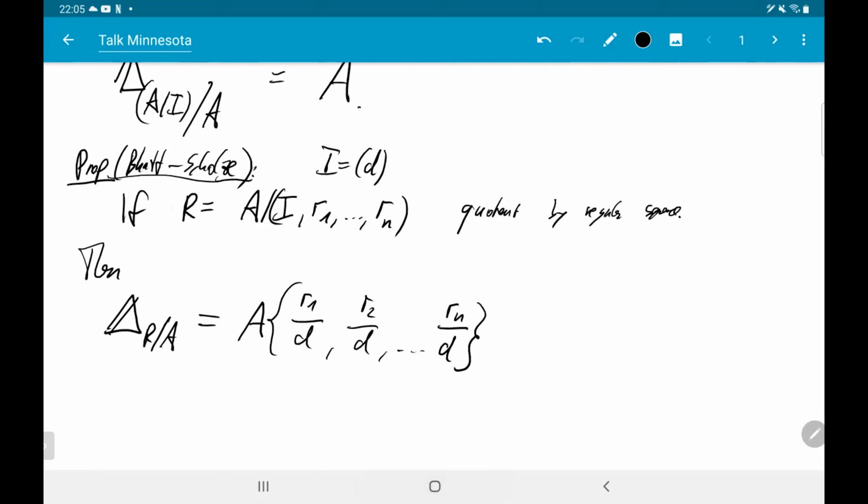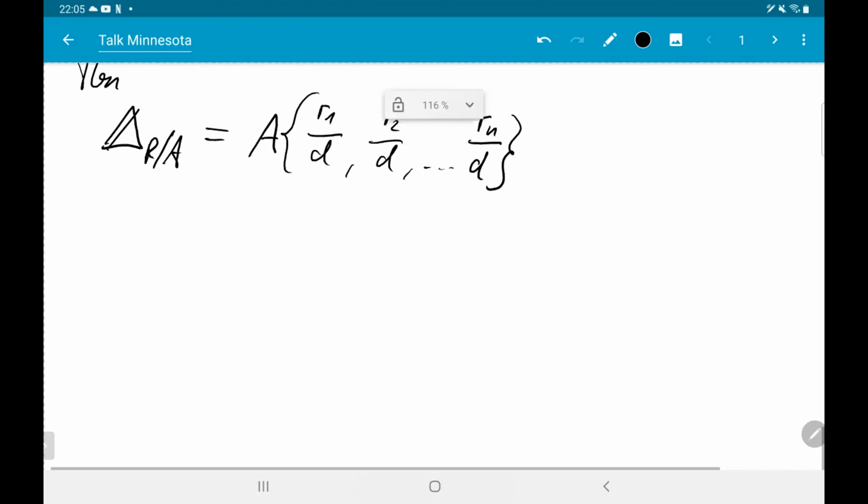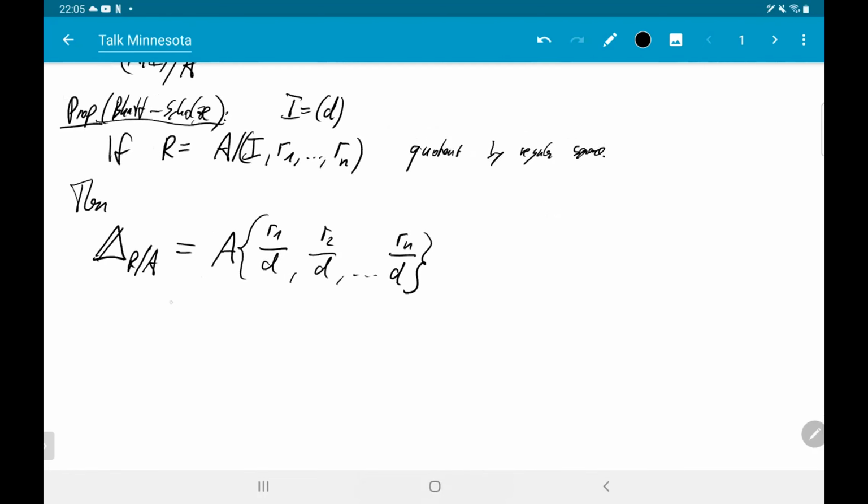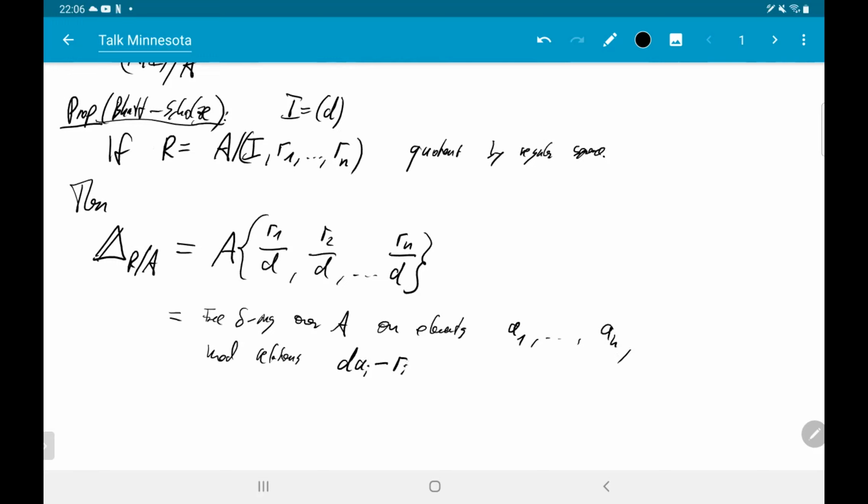So you adjoin fractions like this, but you adjoin them in the world of delta rings. Another way to write this, a little bit more formally, is this is the free delta ring over A on elements, let's call them a_1 to a_n, mod relations like d a_i minus r_i.